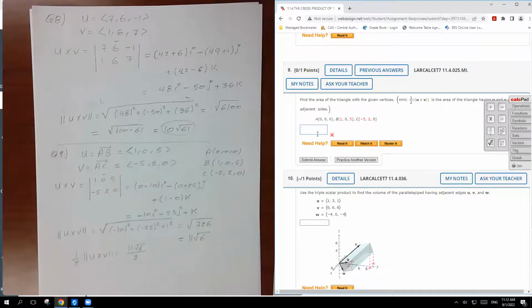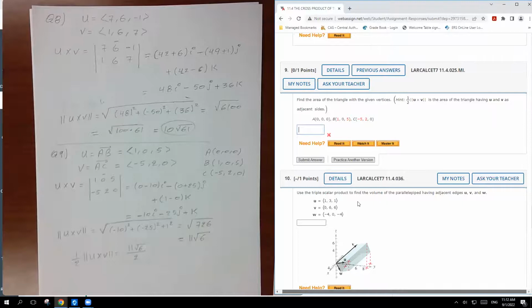They didn't ask you to round it. Did they ask you to round? No. Did you put the whole number? Yeah, for my homework it was different numbers, so it was a whole number.